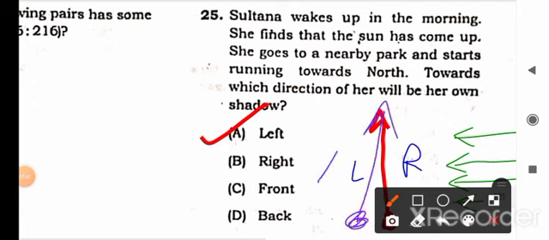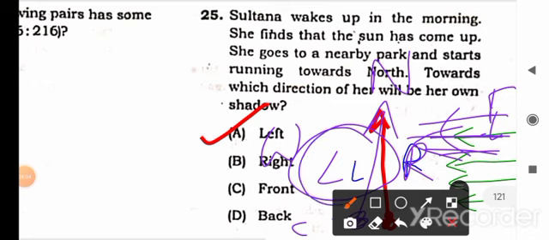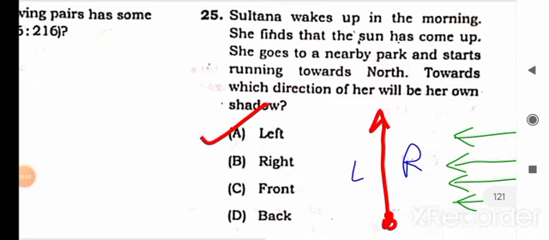Here are her left and right. You know how this is calculated. Rays are coming from here because this is east, this is north, west, and south. So the sun's rays are coming from the east, the shadow will be on her left. This was a so easy question.